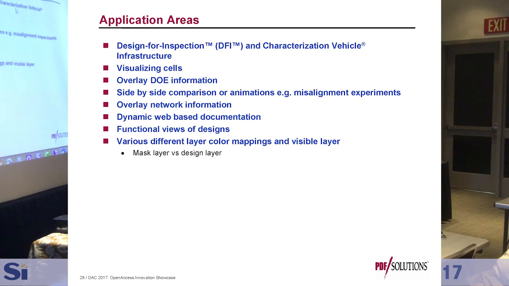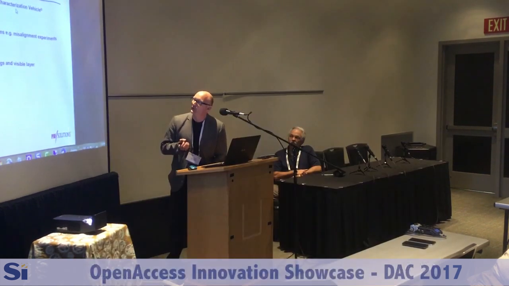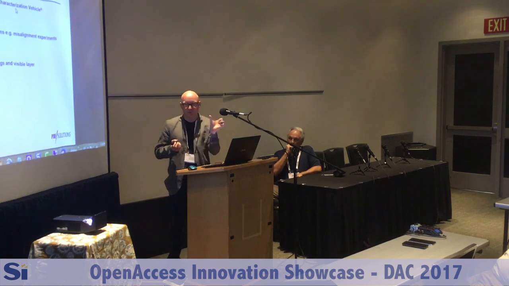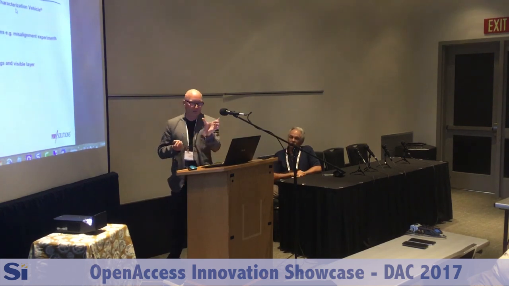Okay, application areas where we plan to use something like this are our design for inspection infrastructure and design characterization vehicle infrastructure, mainly to visualize cells and overlay DOE information with it. One idea is, for instance, you could do side-by-side comparison and even animations if you deal with misalignment experiments where you purposely shift polygons.